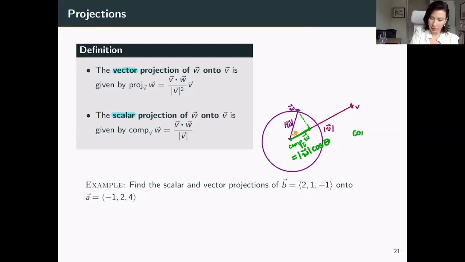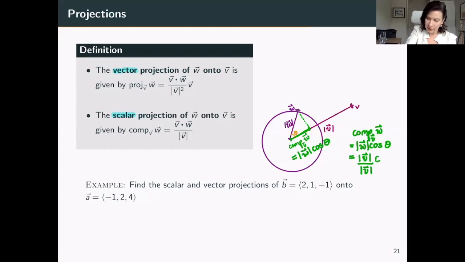We have that the component of the vector W onto the vector V is going to be equal to the magnitude of W times cosine of theta, which sure does look similar to the dot product. The only thing missing is that vector V's magnitude, but I can fix that by multiplying by the magnitude of V over the magnitude of V, so essentially 1.